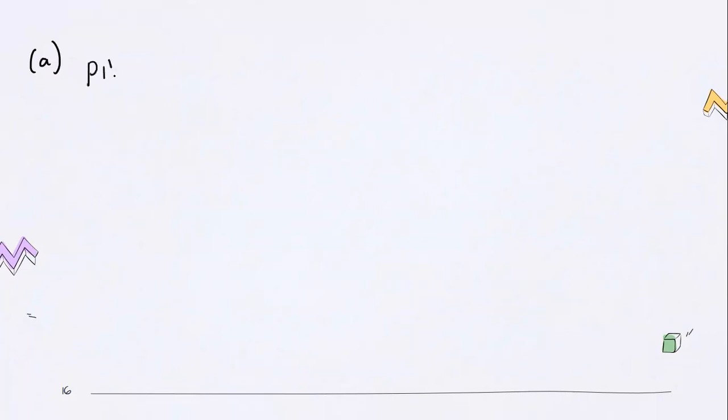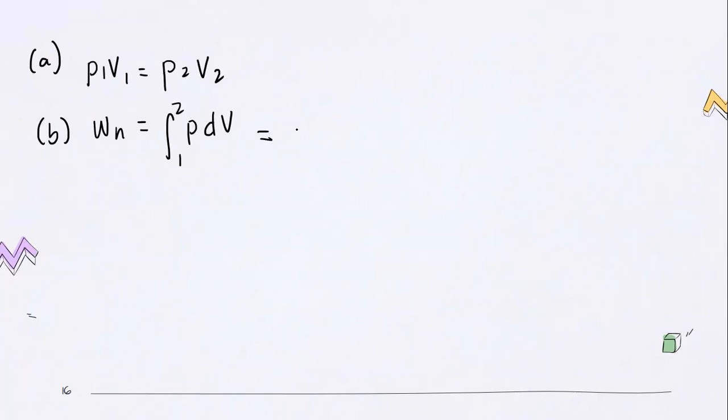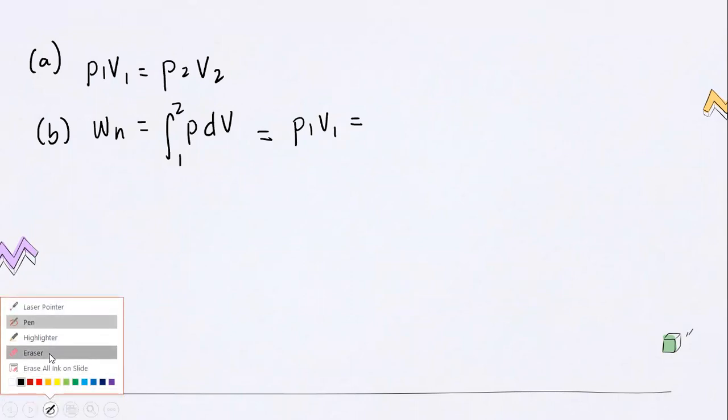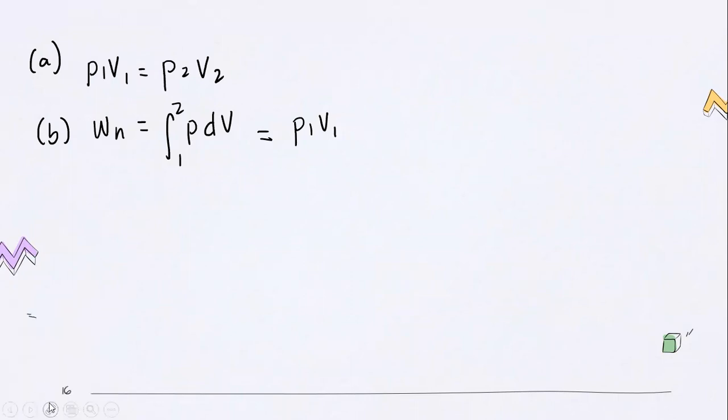We have P1 V1 is equal to P2 V2. Letter B. For the non-flow work, we have integral of P dV with the limits from 1 to 2. That is equal to P1 V1 ln V2 over V1. But your P1 V1 is the same as P2 V2.